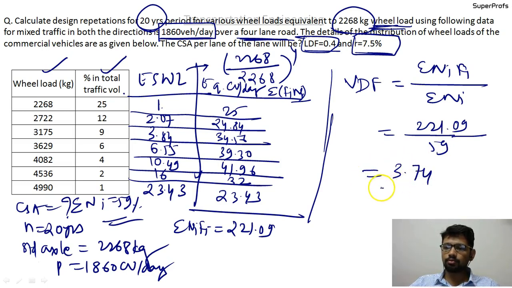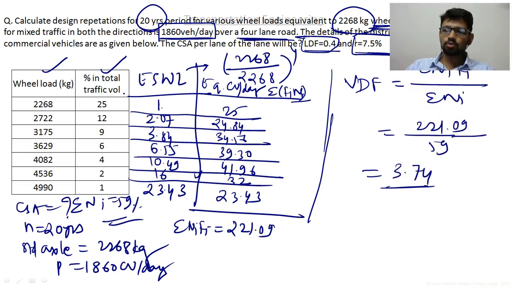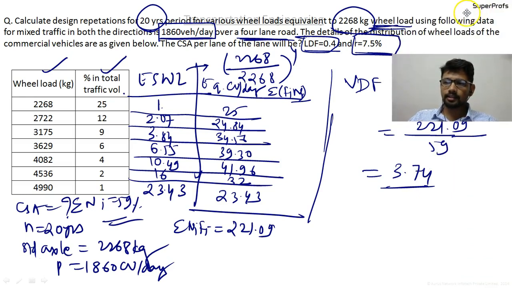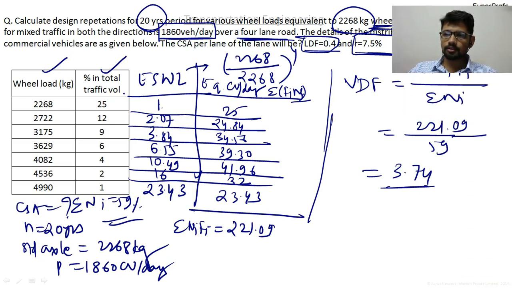So please check the calculations. Okay guys, so 3.74. Now the CSA value is what they are asking for.